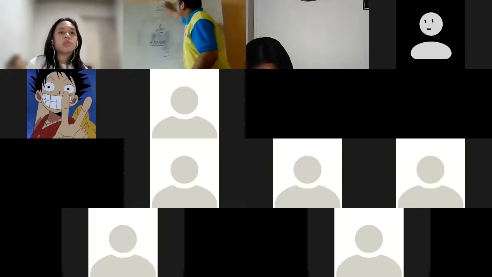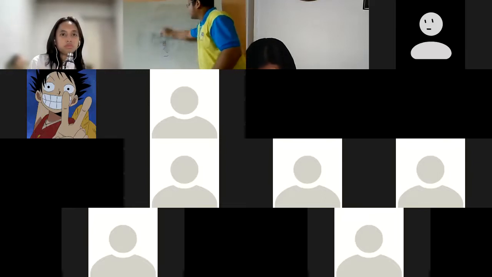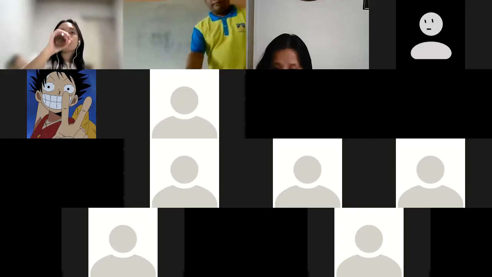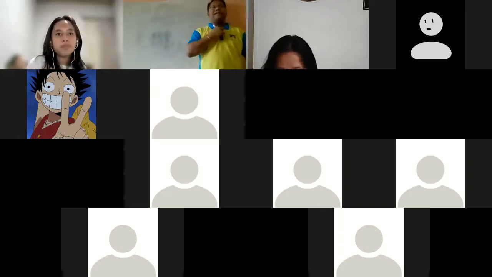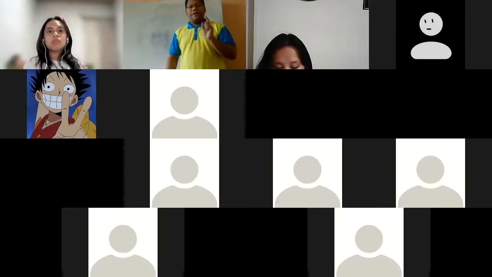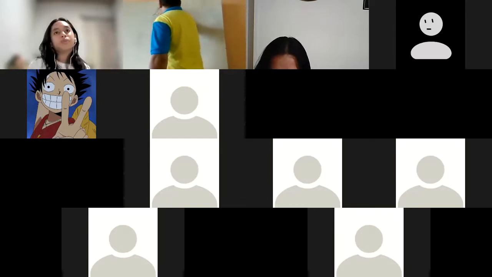Can I erase this so that I can proceed to another function of a noun? Let's have another one. Aside from the function of a subject, nouns can also function as direct objects.